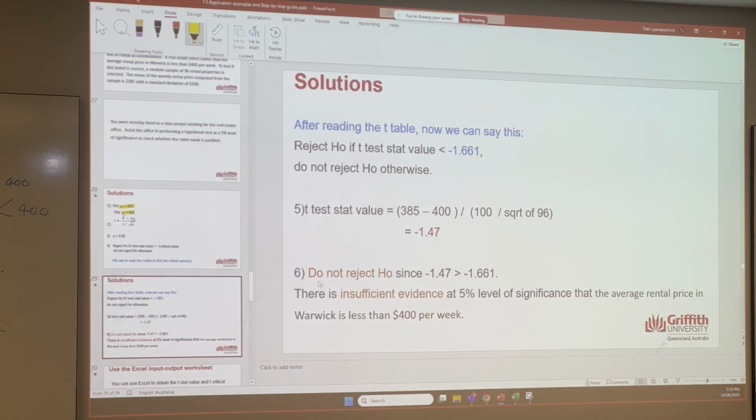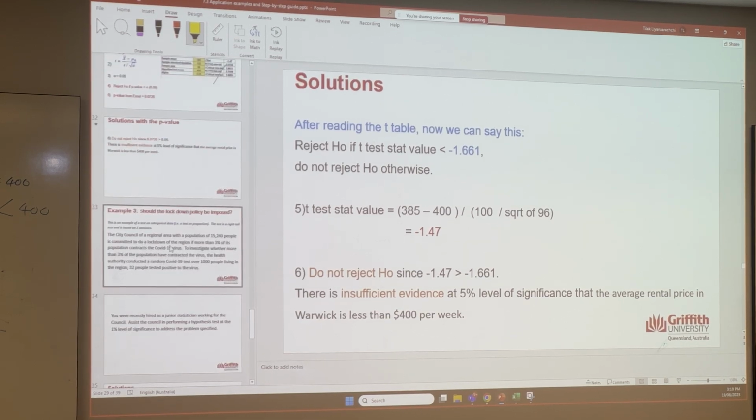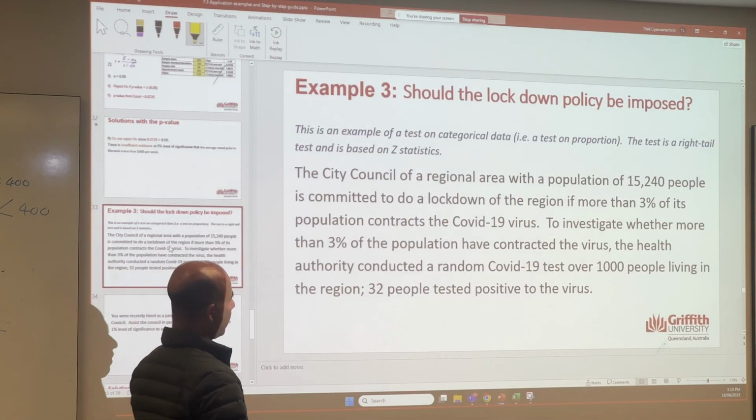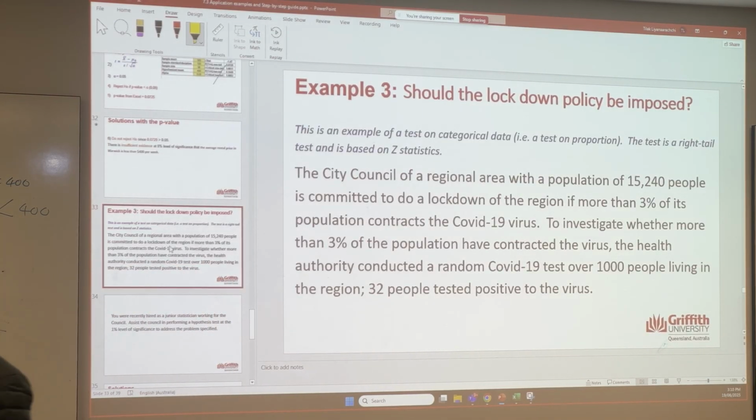Okay, last question. Try that. The last question says that they will go for a lockdown. This is a COVID-19 question. They will go for a lockdown if 3% of the population got COVID.